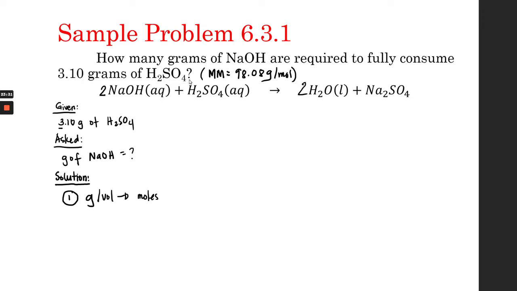So using this molar mass now, we can get the moles of H2SO4. So basically, we have to multiply 3.10 grams of H2SO4 by 1 mole over 98.08 grams.